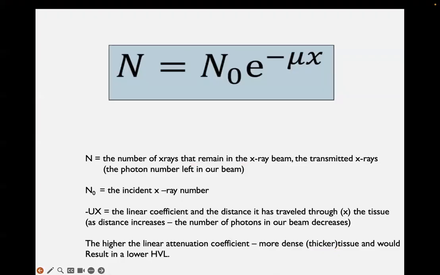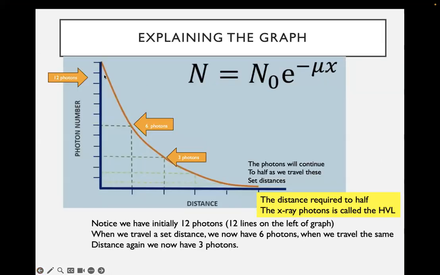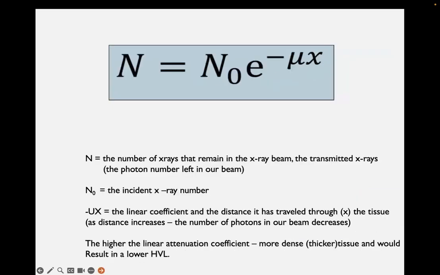So this is the formula. I was explaining this graph and the number of photons that are attenuated. Sometimes they use I instead of N, but either way, I or N is the number of photons that remain in the X-ray beam, the ones that are transmitted.